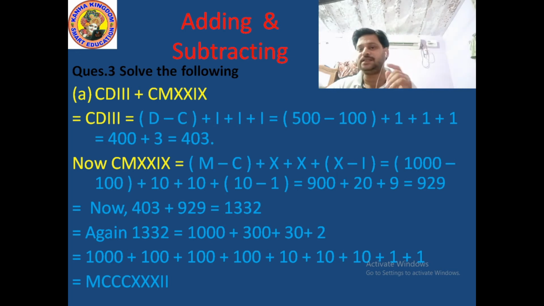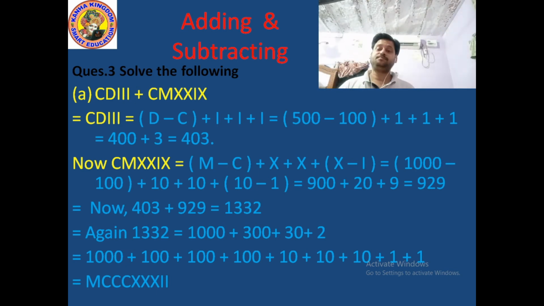Is C greater than M? No. Again you make a bracket, and what you have to do? First write down M minus C, bracket close, plus X plus X plus, is I greater than X? No. Again make a bracket and write down X minus I, bracket close.